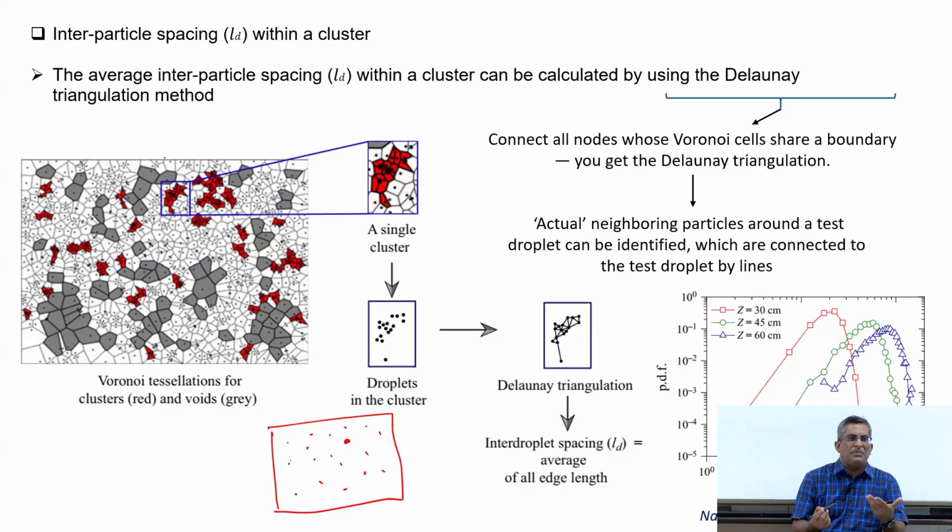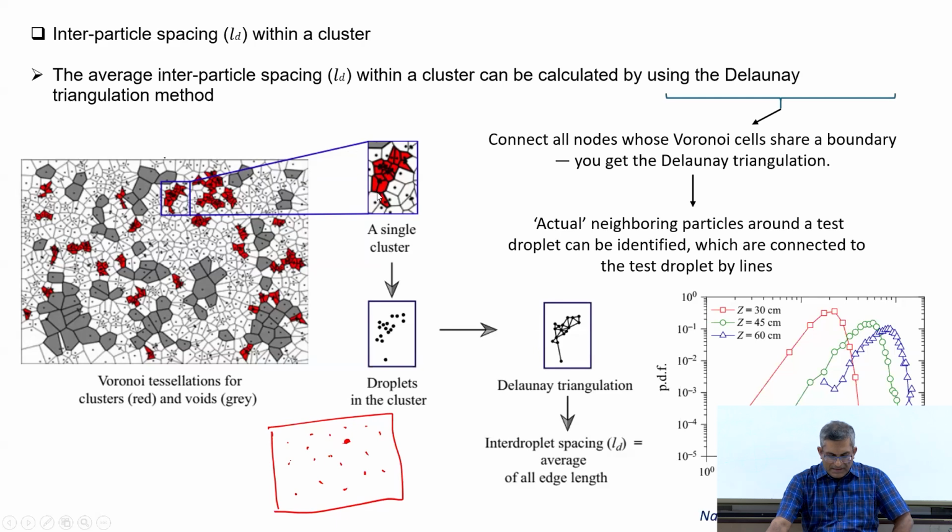You can calculate the separation distance between this particle and all of the remaining particles. So, how will you define which should be the actual neighbor of this test particle? The Delaunay triangulation method gives us one way to identify those.